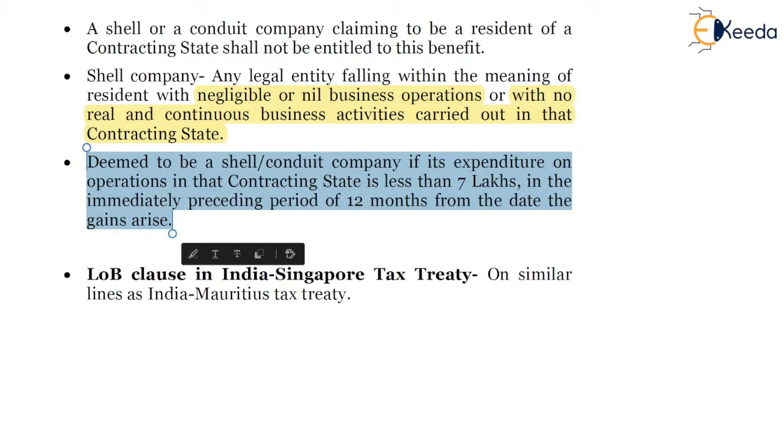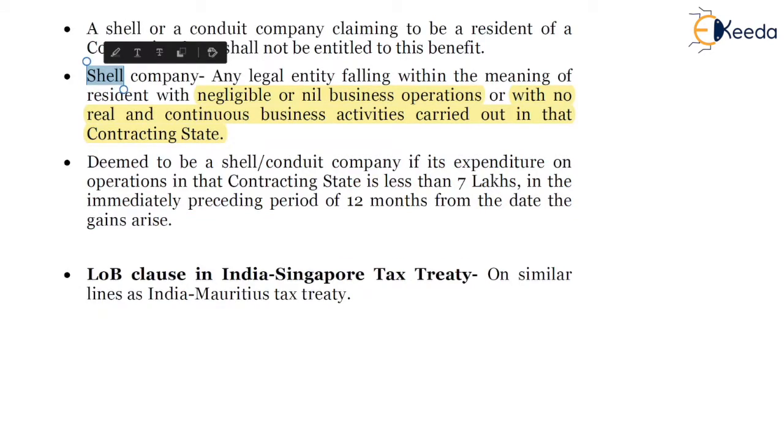So let's take an example. If in our example C Limited had carried out certain limited activities, so it won't fall in bullet number 2 over here, meaning certain business activities were carried on by such a company, by C Limited. So it won't fall in a shell company.